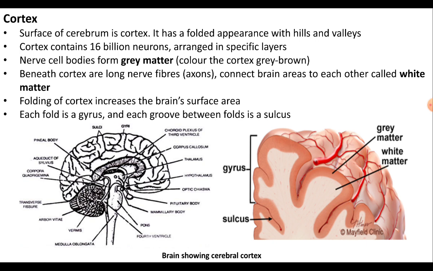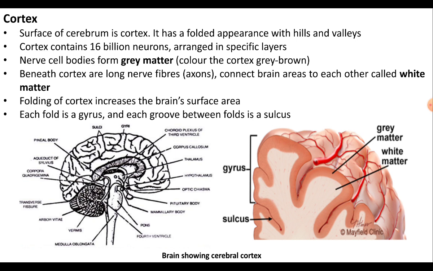Cortex. The upper surface of the cerebrum is called the cortex, which shows a folded appearance in the form of hills and valleys. When you see the cross section of the cerebrum, it shows two distinct regions. The outermost region is called the cortex, and the inner region is called the medulla.